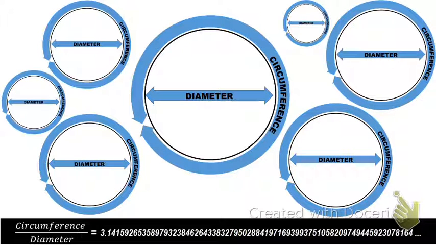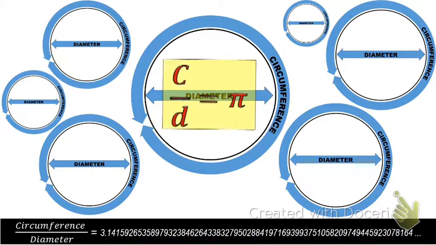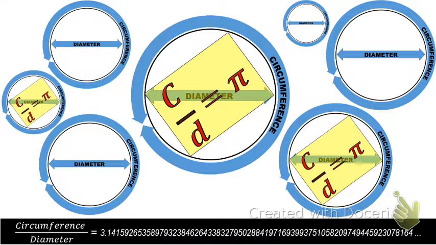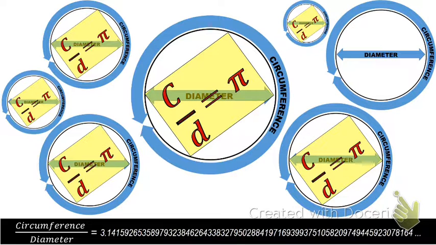So once again, every circle, whether large or small, when you take its circumference and divide it by its diameter, the answer will always come out to the same number, 3.14159, which continues forever. In our study of math, that number has a special name. It's named with the Greek letter pi.